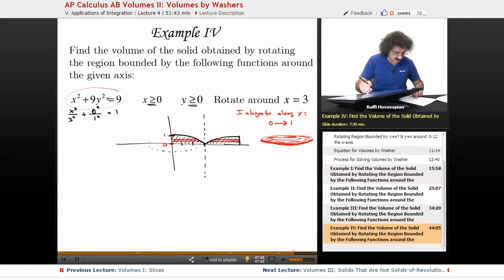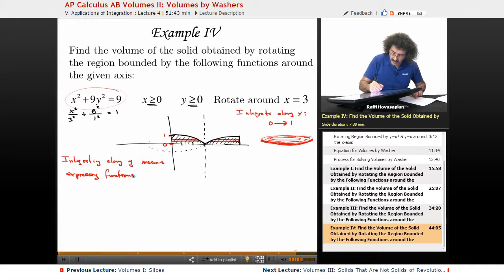Okay, so let me just write that out. Integrating along y means expressing functions as functions of y.